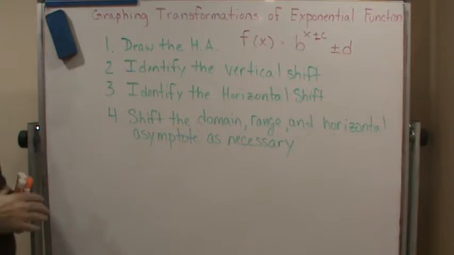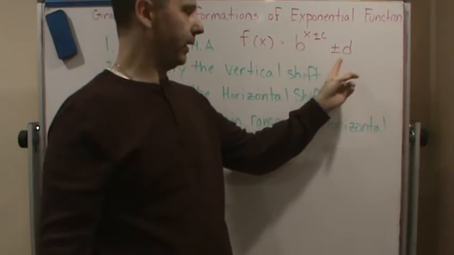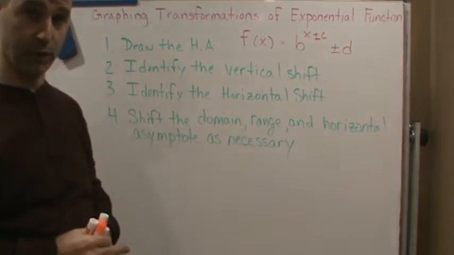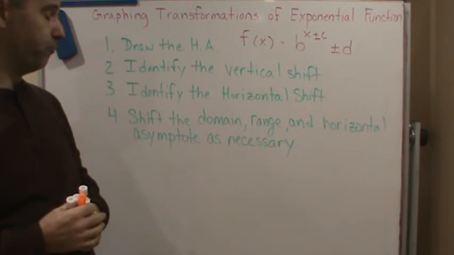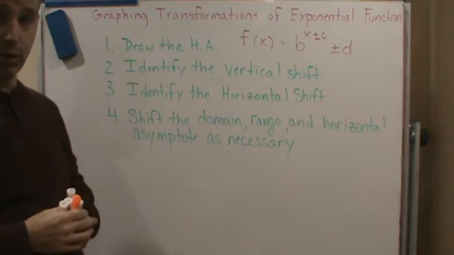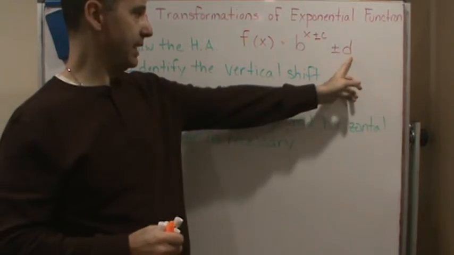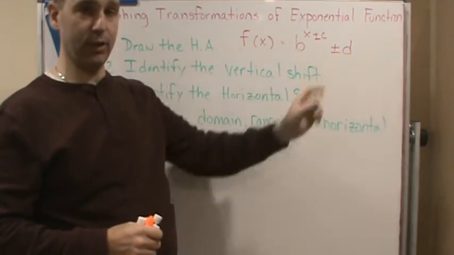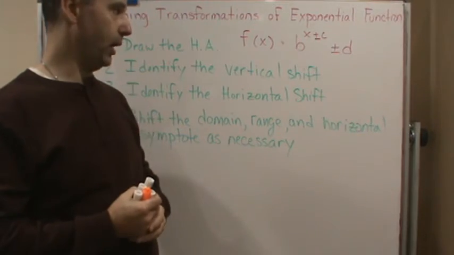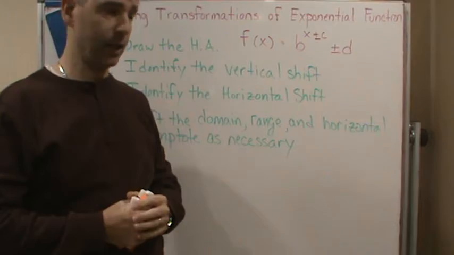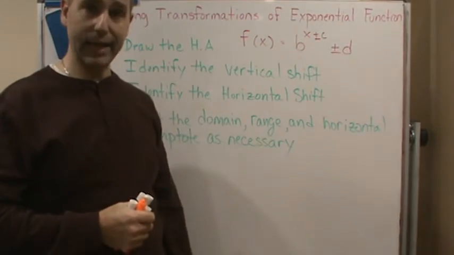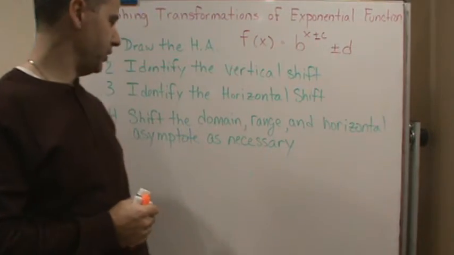Based on what kind of shifting is going on, if it's a vertical shift, then you would move the horizontal asymptote up d units if you're adding d.